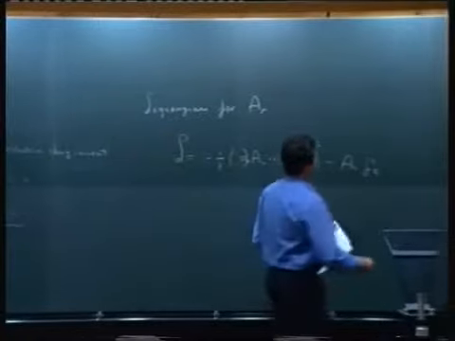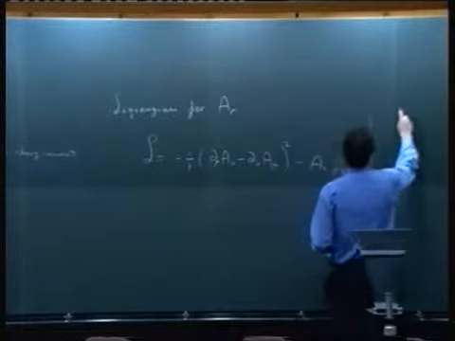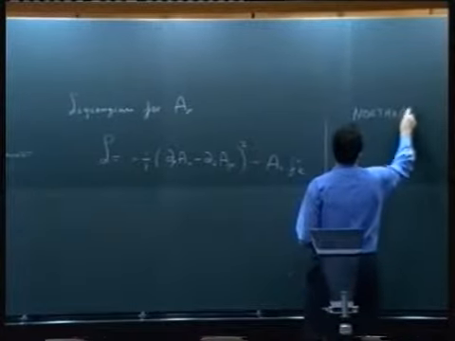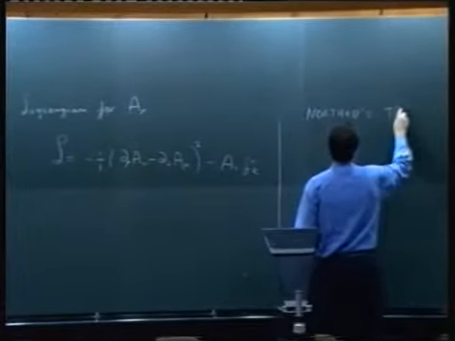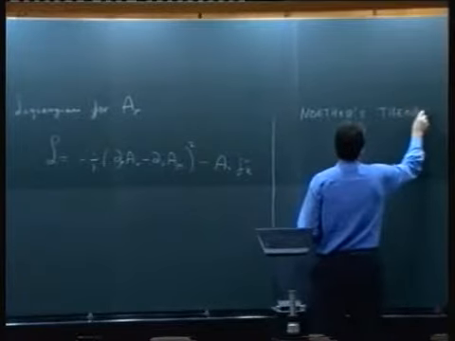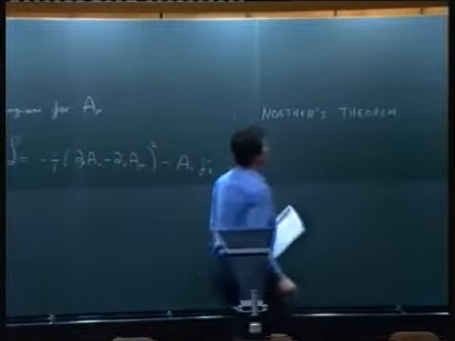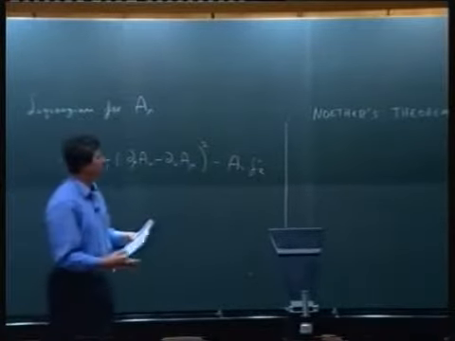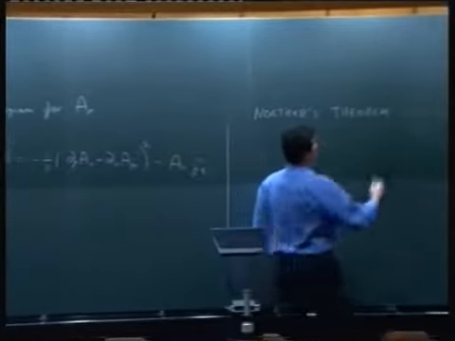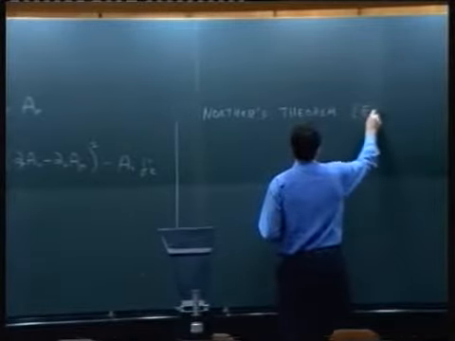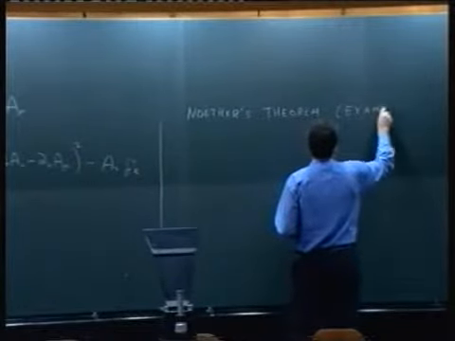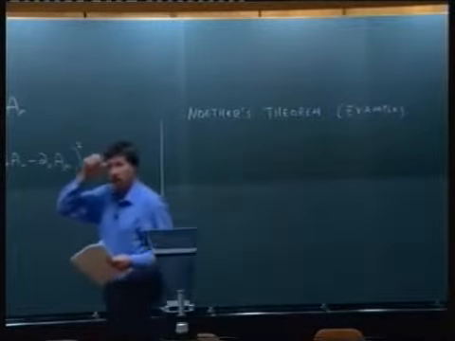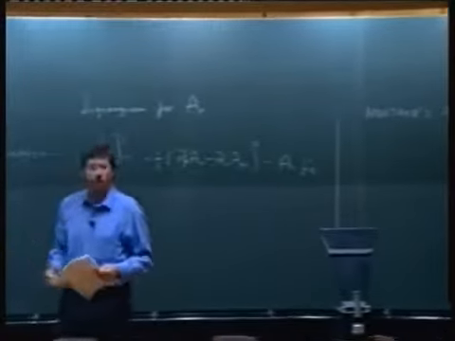Noether's theorem is the statement that corresponding to a symmetry in the Lagrangian, we always have a conserved current. And I'll describe an example, and the example I'll start from will be the Lagrangian for a charged particle, a spinless particle.